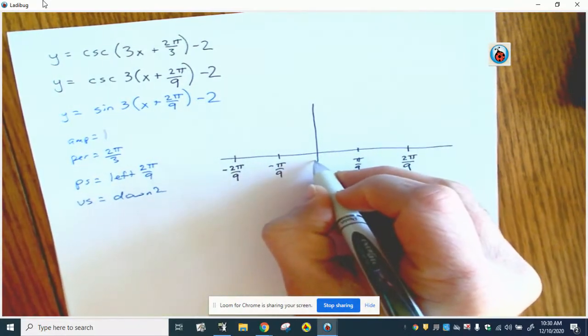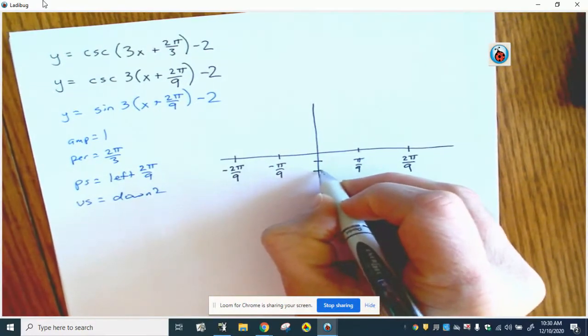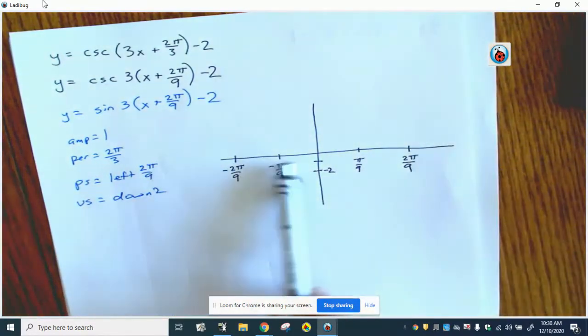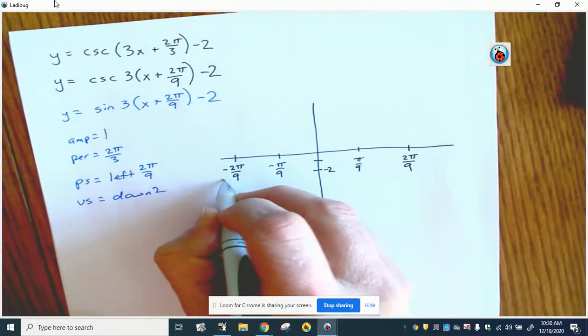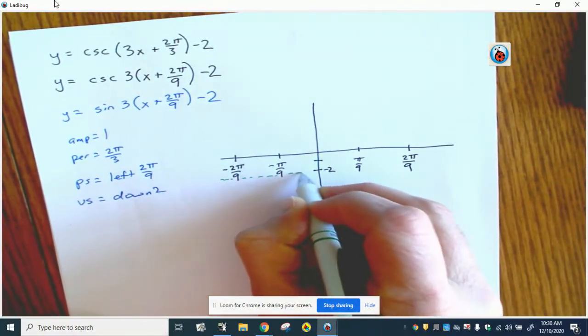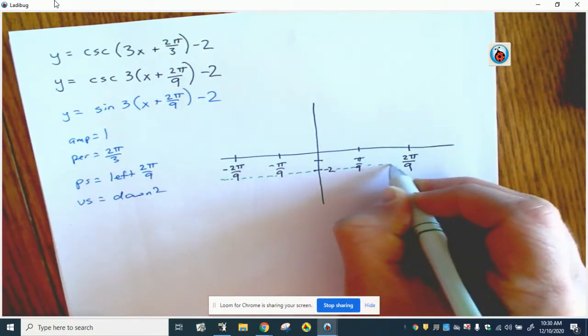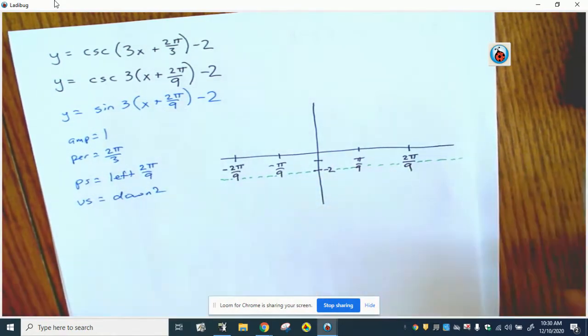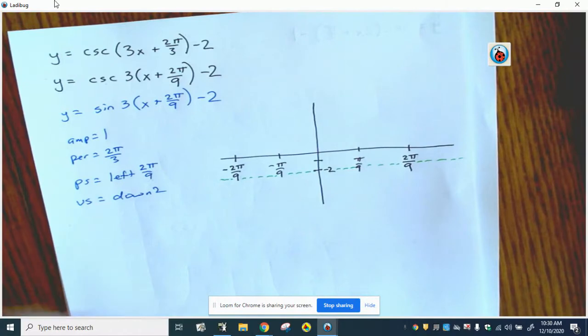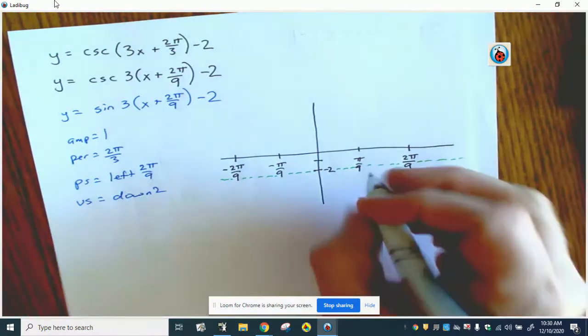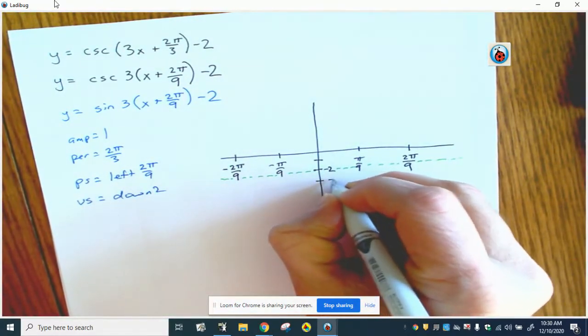I got to go down 2. I probably should have written all those above the axis so they're not in the way of my midline here. I'll just kind of jump over top of them. Okay. My amplitude's 1, so I'm only going up and down 1 here.